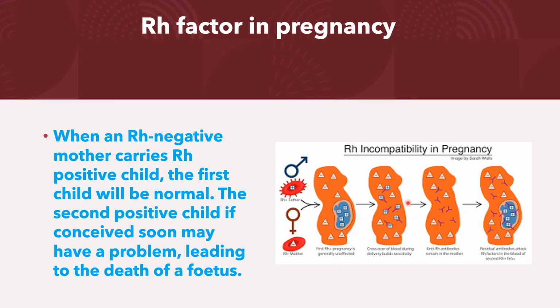Against that, the mother's body will develop an antibody against that Rh factor. It's already developed. Then the second child is conceived soon. That is also a positive child. Then this antibody will react against the child's blood, and it will lead to the death of the fetus.